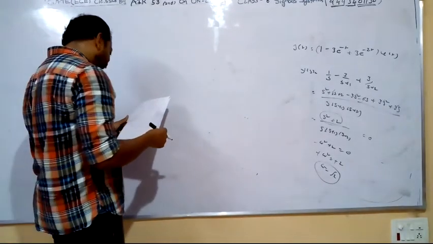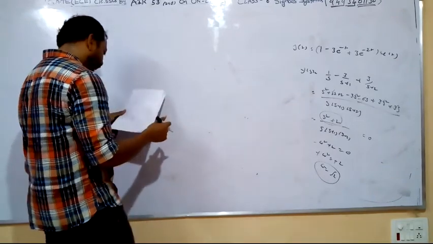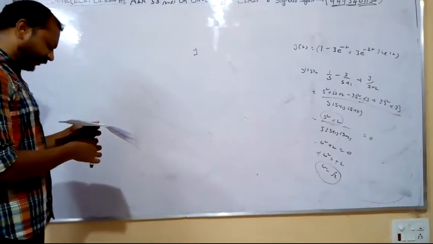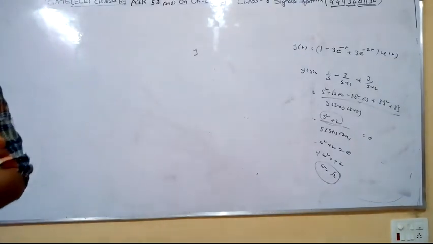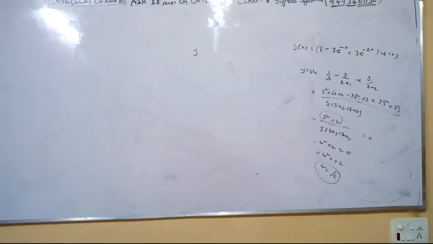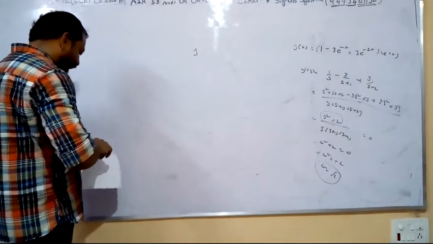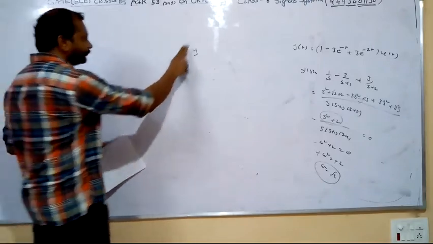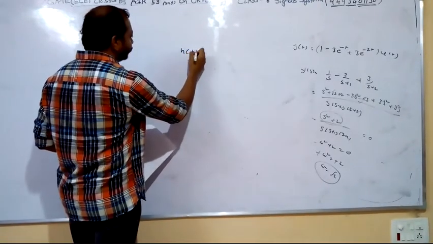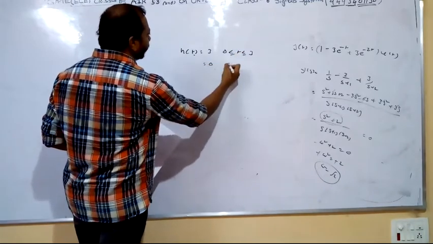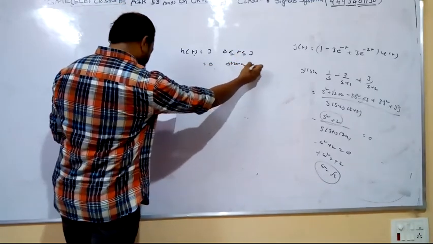h of t is given as constant 3 from 0 to 3, and equal to 0 otherwise.